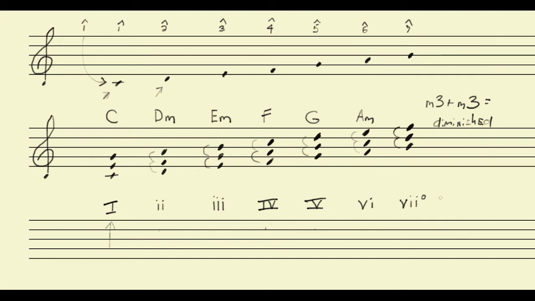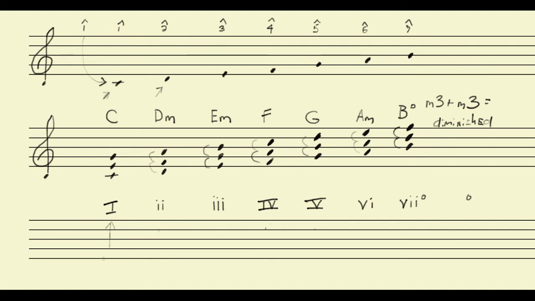And very often with the diminished chord, we use that little circle, that little degree symbol, to show us that we have a diminished chord. So since this is based on the root of B, this is going to be a B, not a B major, not a B minor, but a B diminished chord. So I want you to notice the qualities, meaning major, minor, or diminished, of each of the triads that we've built in the key of C major.